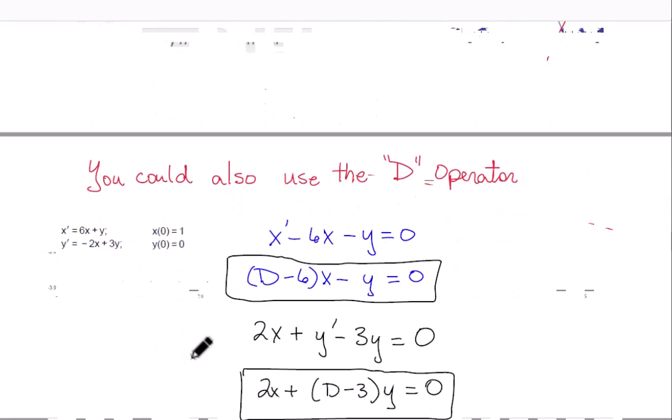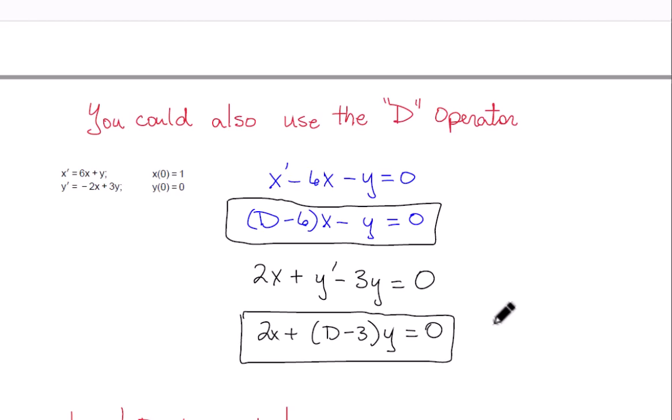Now, I also reworked the problem showing you how to use the D operator method, our differential operator. What does that mean? What you do is you bring everything to one side on the first one. I then know that this is, so I'm dealing with x. D is the derivative.